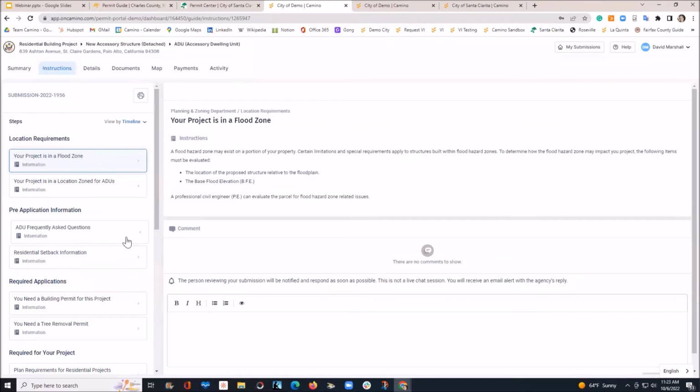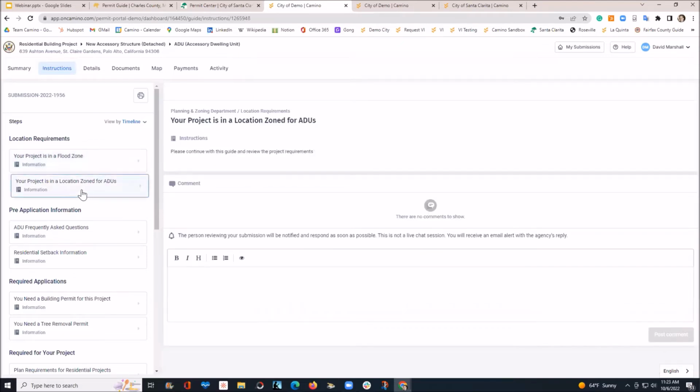So again, information only. In this example, we're letting them know, hey, your project is in a flood zone. And with this, there might be additional steps that need to occur because they're in a flood zone, and that would be included there.